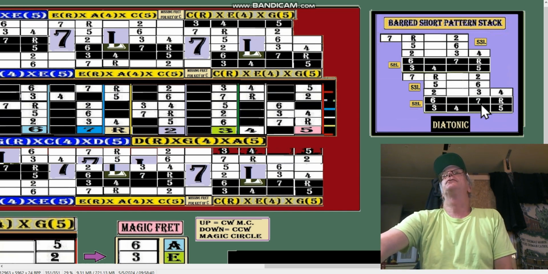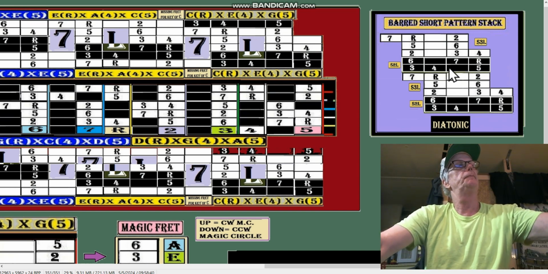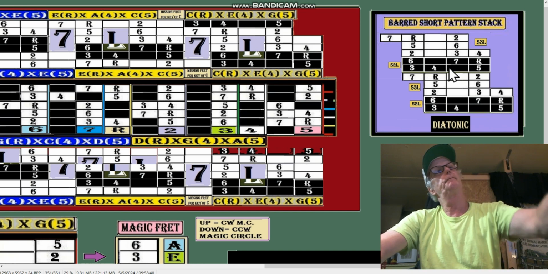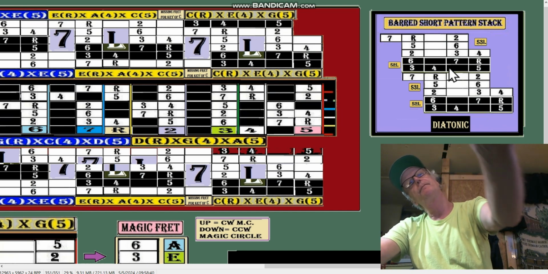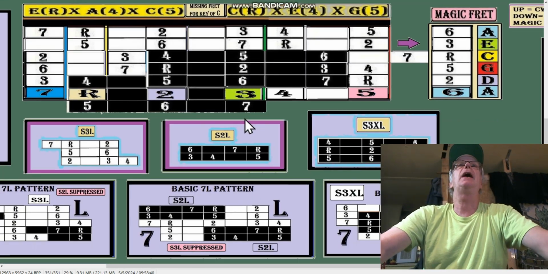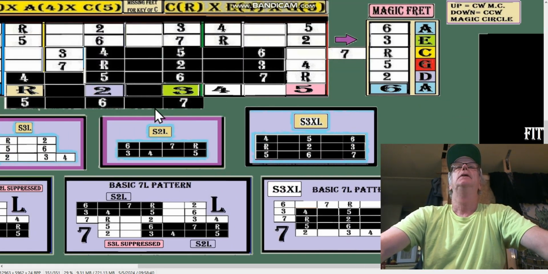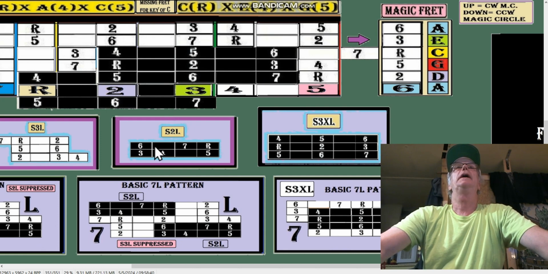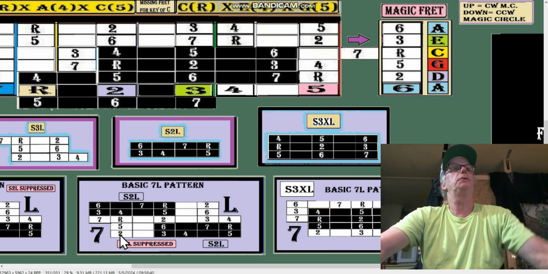So you can go 3, 4, 5, 6, 7 root, 2, 3, 4, 5, 6, 7 root, 2, 3, 4, 5, 6, 7 root, all the way up the line. You can't do that with a 7L. A regular old 7L, ignore the color differences here, would be 2, 3, 4, 5, 5, 6, 7 root.